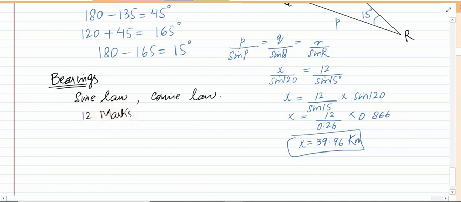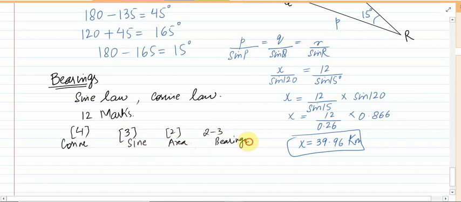And in those 12 marks, 4 marks are covered by law of cosine, 3 marks in majority cases, sometimes it covers 4 marks as well, but in majority cases 3 marks are covered by law of sine, 2 marks are covered by area, and approximately 2 to 3 marks are covered by bearings, and the remaining marks will be covered by a word problem. That is the distribution of marks of the topic trigonometry in your CIE.